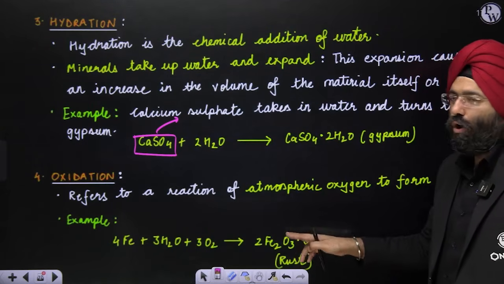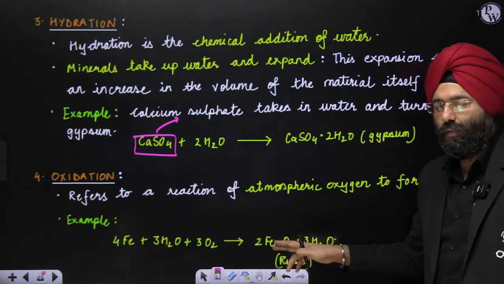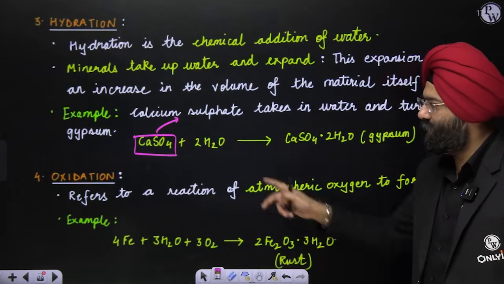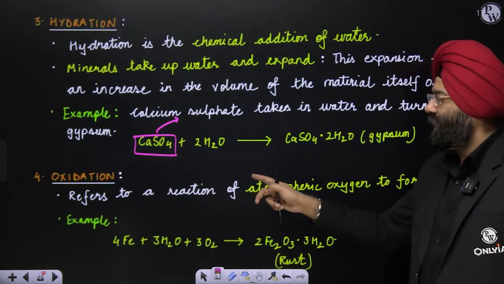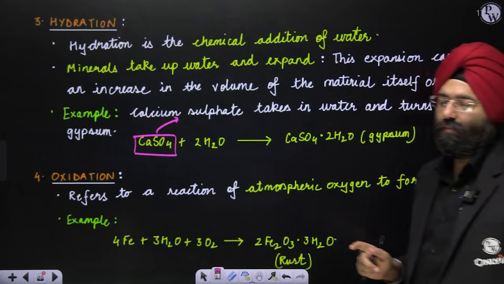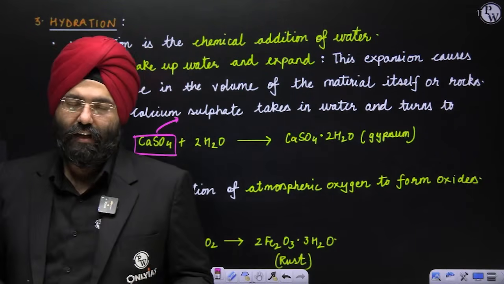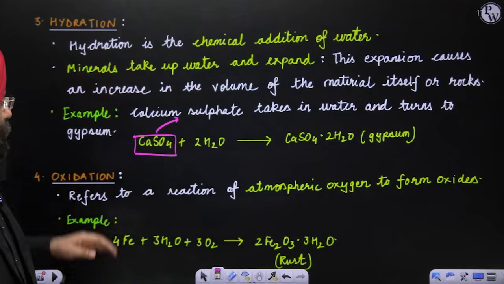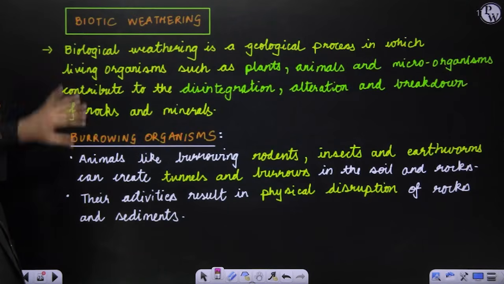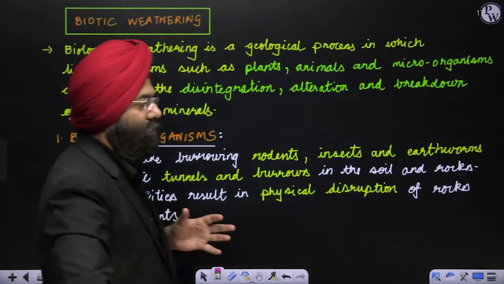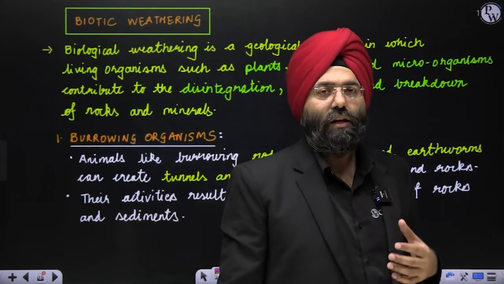It is basically forming oxides of certain elements or minerals. So this is the process of oxidation, where addition of atmospheric oxygen is taking place, resulting in the formation of oxides. Clear? Like ferric oxide. Similarly, other oxides are also formed. Now, these basically lead to the breaking down of various rocks, and that is why it is also a form of weathering.